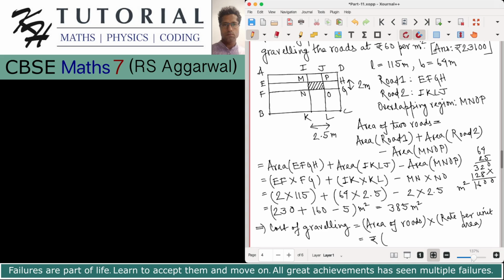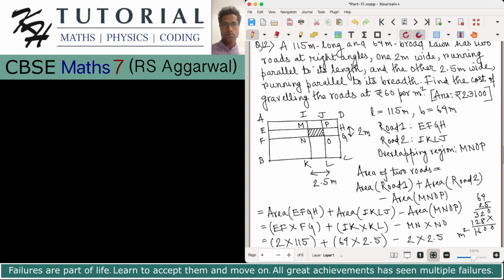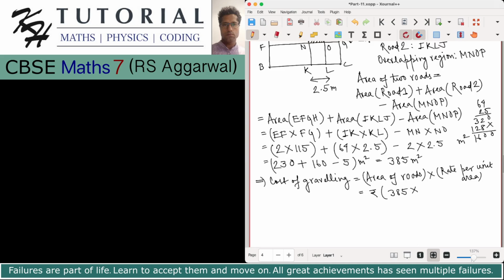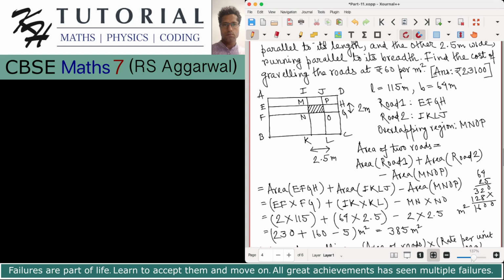The area of the road is 385 multiplied by the rate of graveling the roads, which is rupees 60 per meter square. Remember that the area is in meter square and the rate of graveling the roads is also rupees 60 per meter square.